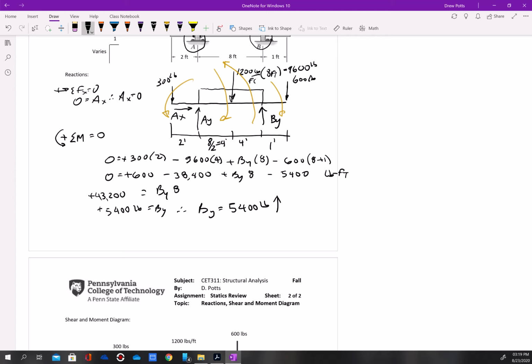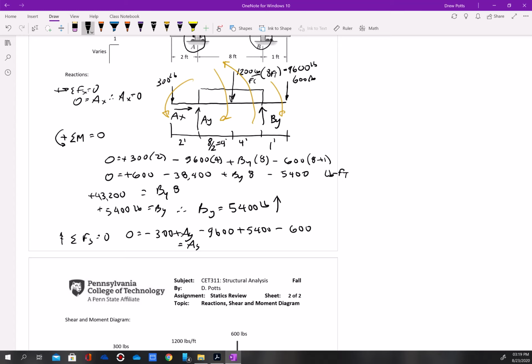Okay, now I can use my last equation of equilibrium. Sum forces in the Y equal to 0. 0 equals minus 300 plus AY minus 9,600 plus BY, which is 5,400, and then minus 600, and end up with AY.